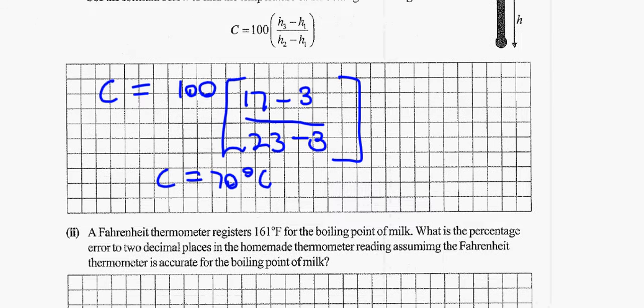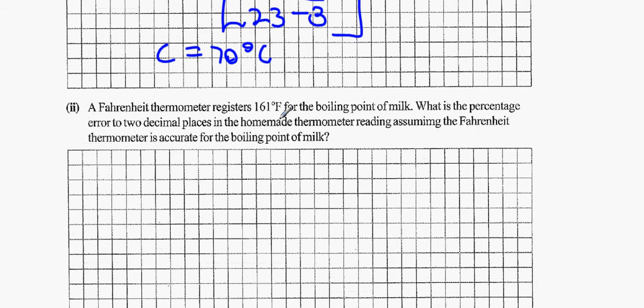Now, the Fahrenheit thermometer registers 161 degrees Fahrenheit of the boiling milk. What is the percentage error to 2 decimal places in the homemade thermometer, assuming the Fahrenheit thermometer is accurate? So the Fahrenheit, this is the true value.